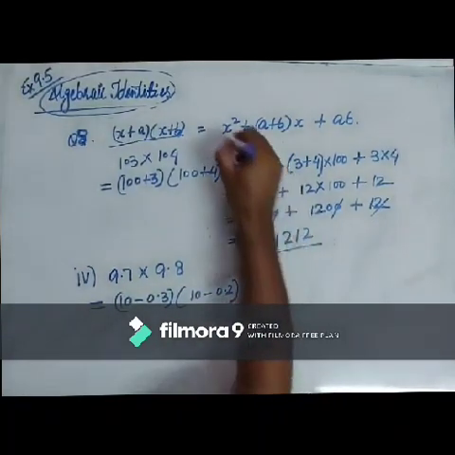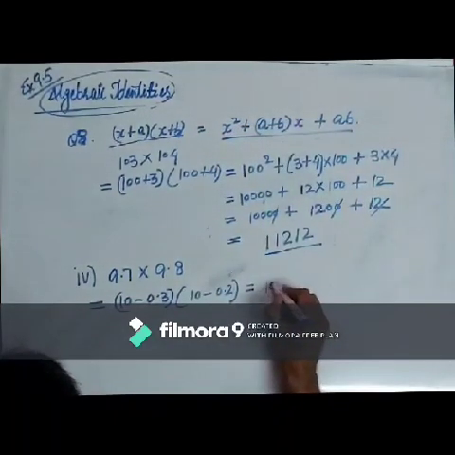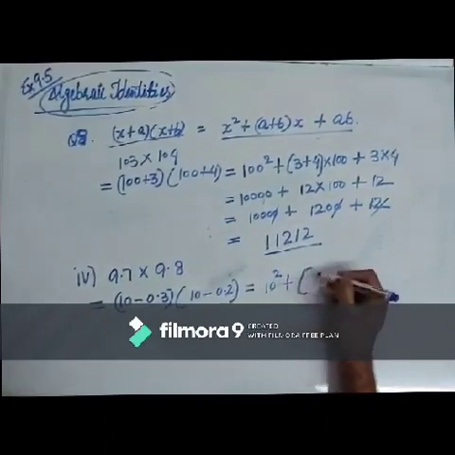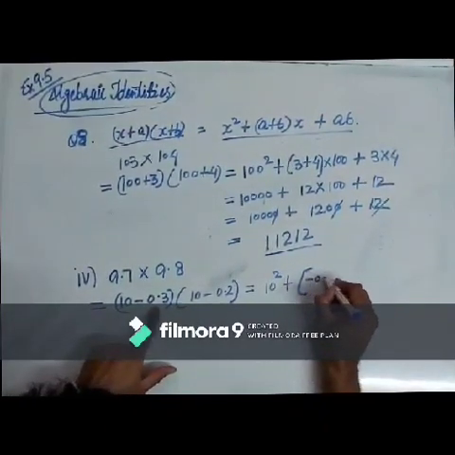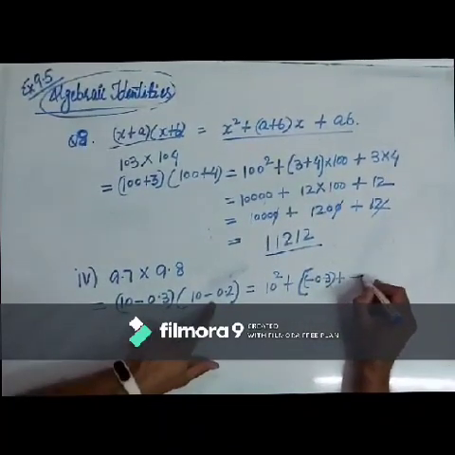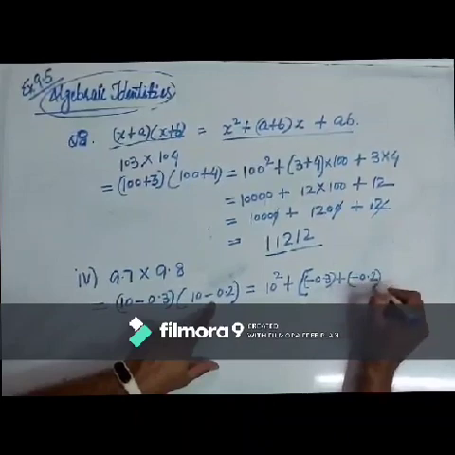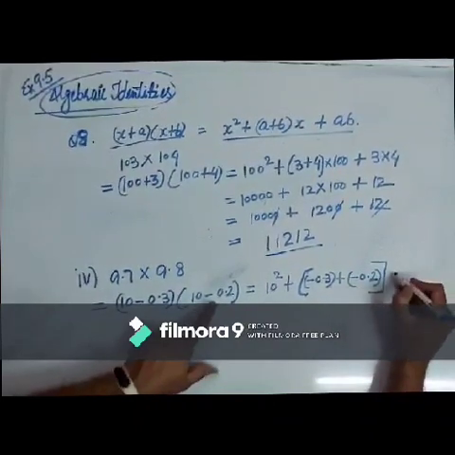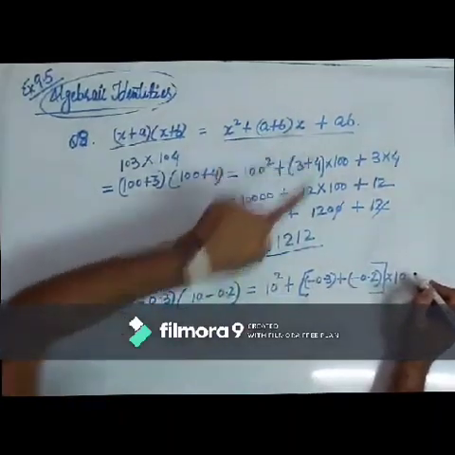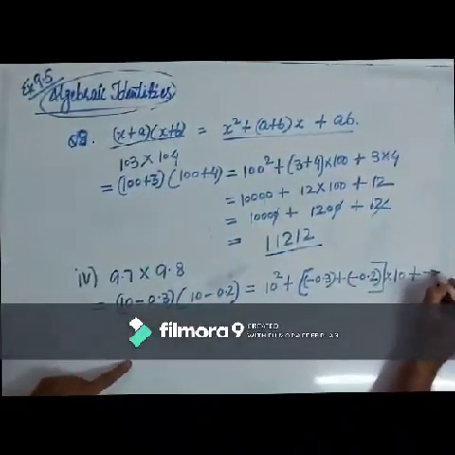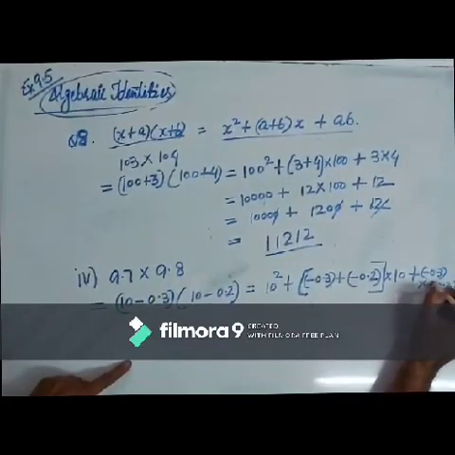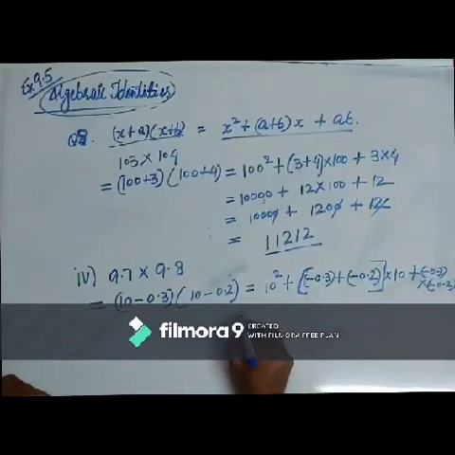So copying the identity, I will write 10 square plus larger bracket, because of the negative sign, minus 0.3 plus minus of 0.2, bracket close, and then outside write 10 because of this x, plus minus of 0.3 into minus of 0.2. That is why we are putting brackets here.